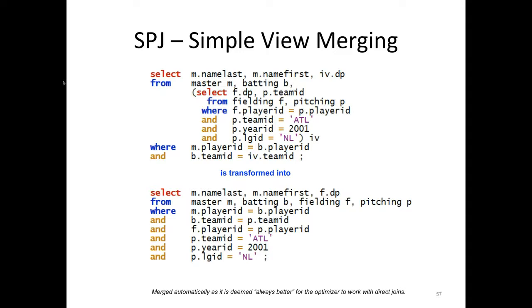Now, the idea here is that if the optimizer has all of the tables available to it for producing the join order and join methods and so forth, it will come up with a statistically better alternative. So not that you have to rewrite your queries to look like the bottom part, but you need to know that a query that looks like the top is probably going to get rewritten to the bottom format.